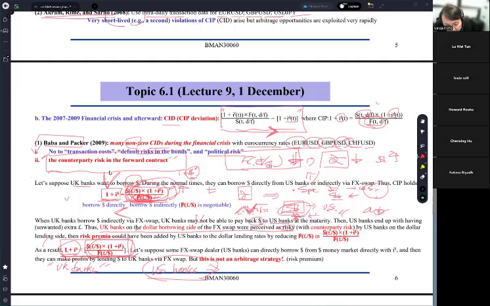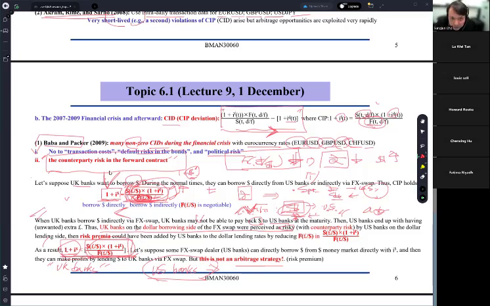But is this an arbitrage strategy? This is not an arbitrage strategy. US banks are getting bigger interest rate profit because they are taking counterparty risk. They are taking this risk, so they're going to get the higher interest rate, and this is not an arbitrage strategy.